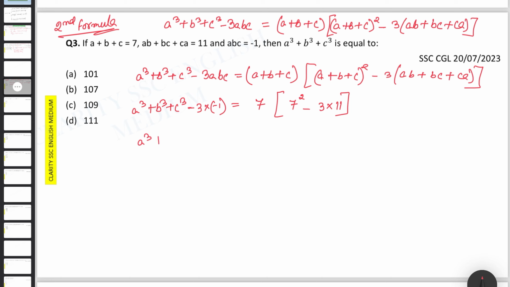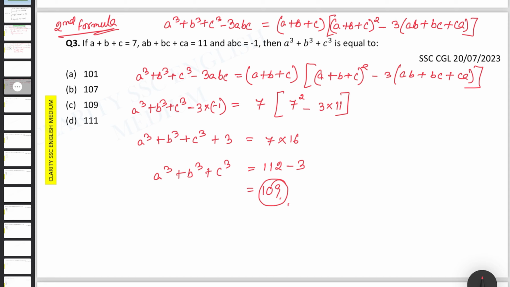So a cube plus b cube plus c cube plus 3 is equal to 7 times (49 minus 33). 49 minus 33 is 16, and 7 into 16 means 112. The 3 will come to the right hand side. 109 is the correct answer.